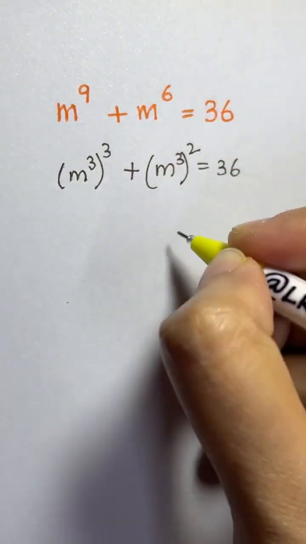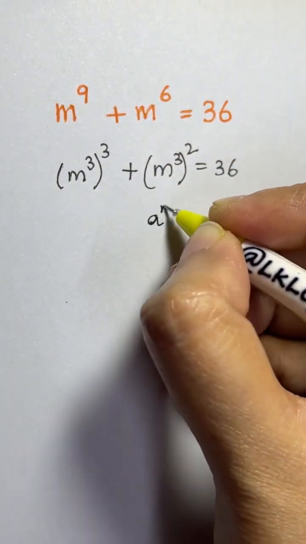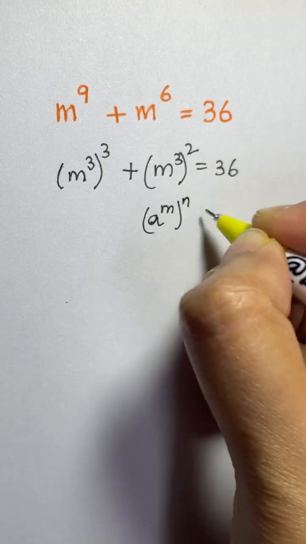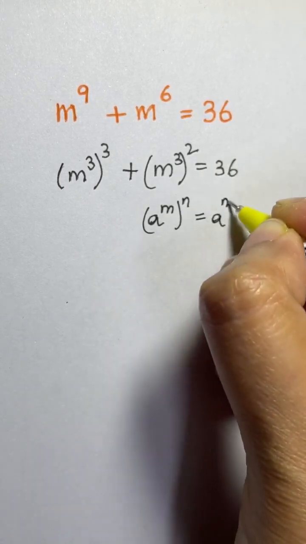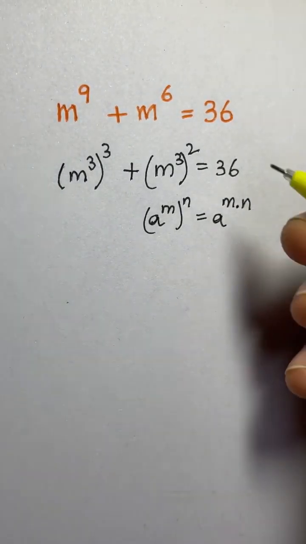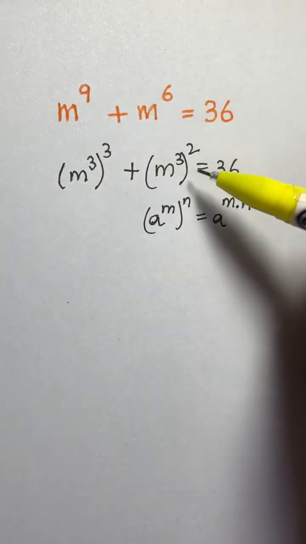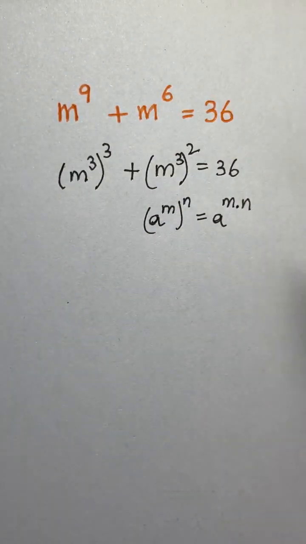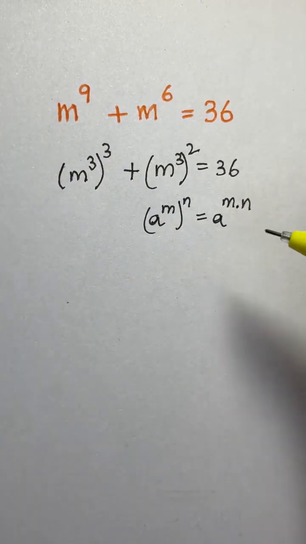This is the law that says (a to the power of m) to the power of n is equal to a to the power of m times n. So 3 times 3 gives you 9, and 3 times 2 gives you 6. This is what we have applied here.